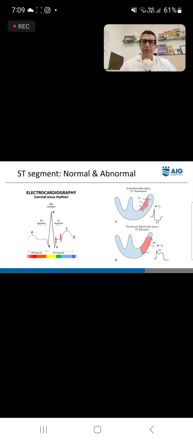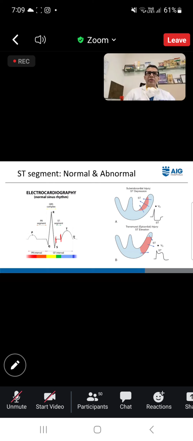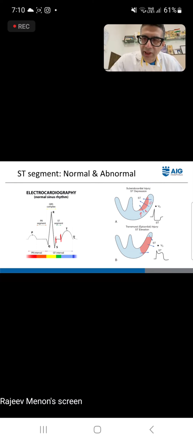Okay. Now, when you look at the ST segment, a fundamental concept which you should understand is the concept of current of injury. So remember that current of injury always goes from the normal to the abnormal segment. So if you have an ischemia which is subendocardial, then the current from the outer side goes towards the inner side.